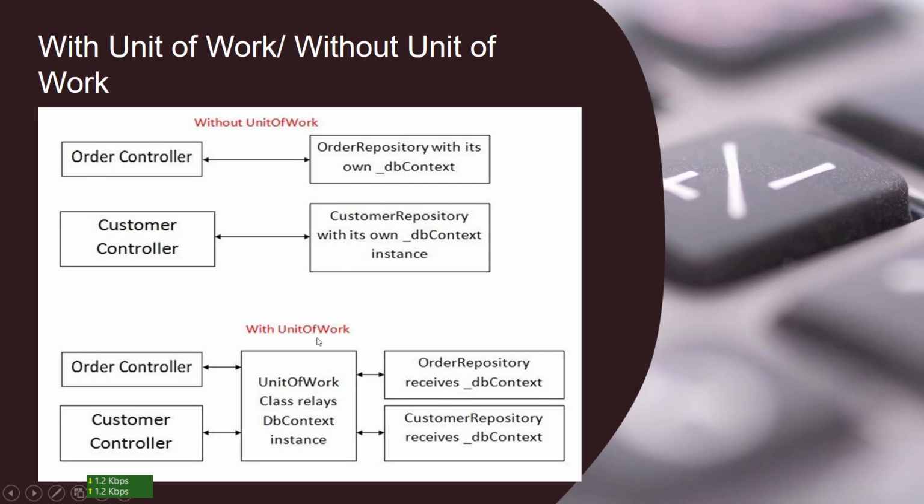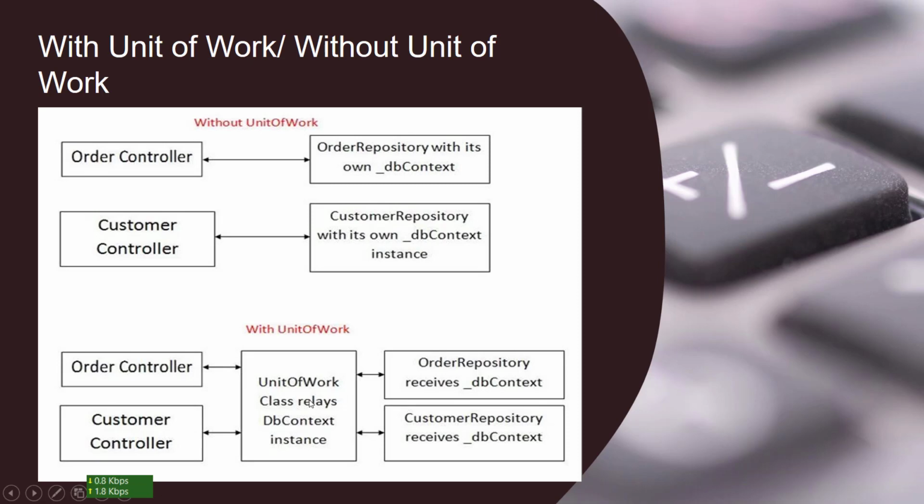So to avoid such a situation, we have to have a unit of work. The order controller and customer controller need to send their data to the unit of work, and the unit of work should have only one DB context instead of two different DB contexts. So once there is one DB context, if it fails, it fails for all.